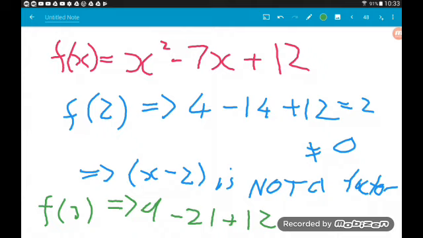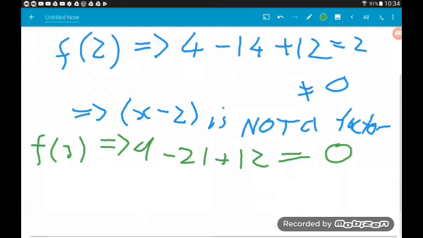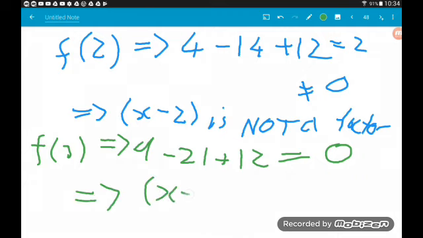Well, 9 minus 21 is minus 12. Add 12 gives us 0. Yay. So, this implies then x minus 3 is a factor.